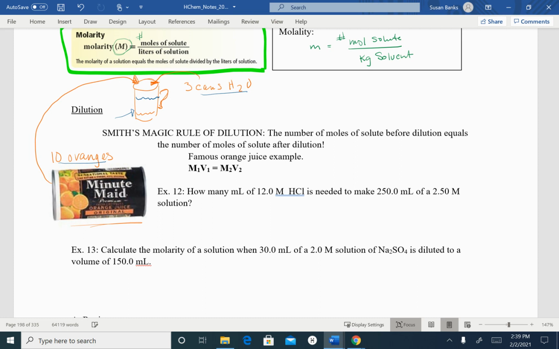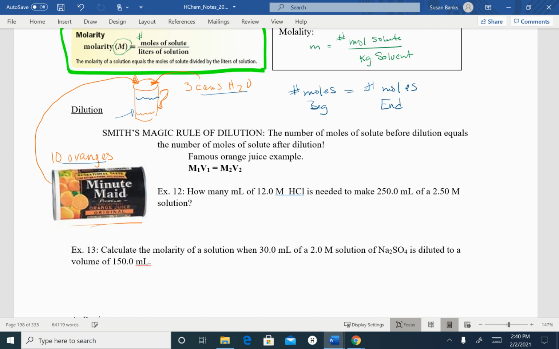So the thing that we are going to analogize this with is the number of moles that you had at the beginning of the dilution. So at the beginning is equal to the number of moles of whatever solute that you have at the end of the dilution. Okay? So moles in is going to equal number of moles out.